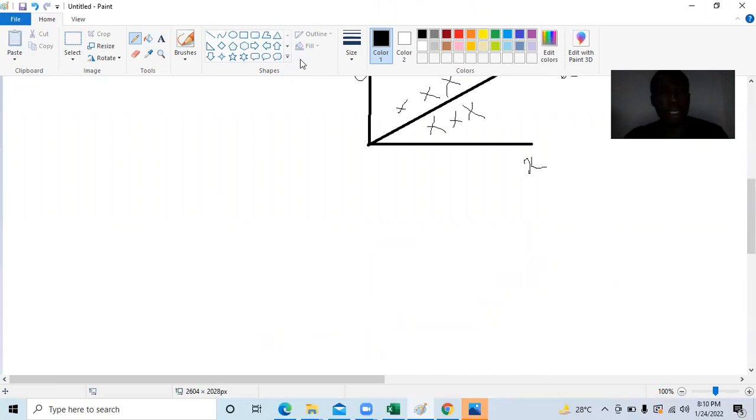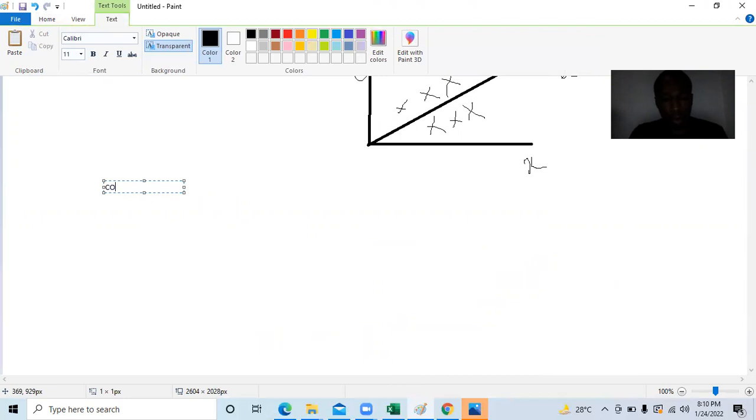The next thing we'll be treating is cost function. After cost function, we'll be treating something called gradient descent. And if you've gone through the machine learning crash course, sorry for my Ijebu accent, you would have come across something called cost function and gradient descent.